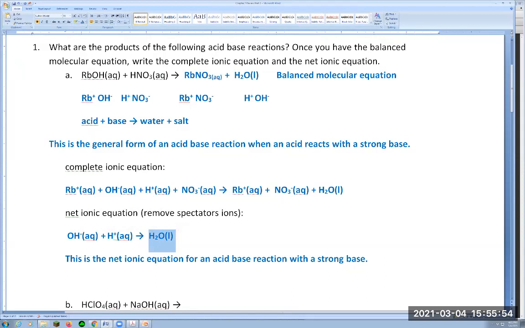So that's why the driving force of an acid-base reaction, when you have a strong base, is the formation of water. Because water is a very stable molecule, very low energy, and the compounds will always favor the formation of water. So that's why it's a driving force. It makes those reactions happen.